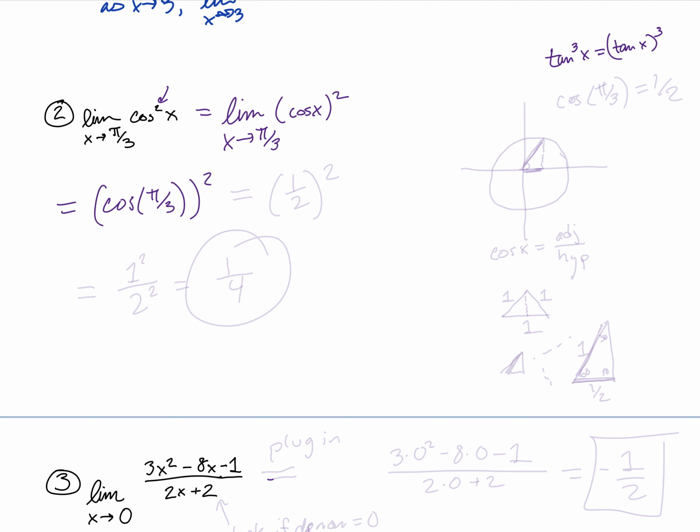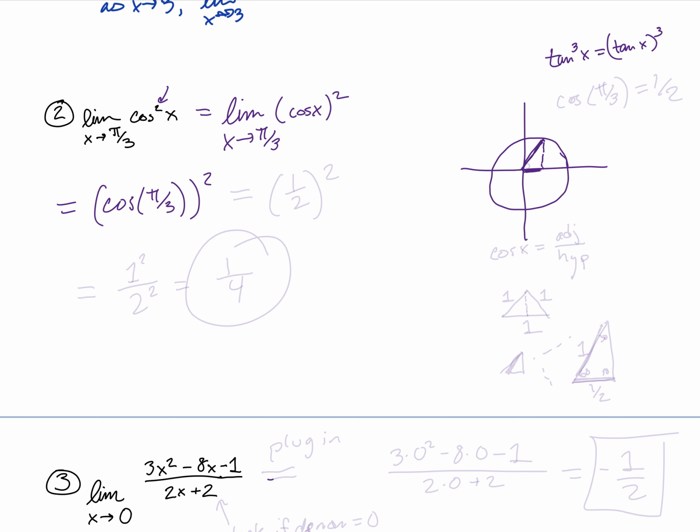Now, it might be a little bit of trig review to remember what cosine of pi over 3 is. If you don't remember offhand, you can use the unit circle. So remember that on the unit circle, it's not the best drawing, but that's okay. The cosine of any angle, here the cosine of pi over 3, or 60 degrees, is the size of the adjacent divided by the size of the hypotenuse.